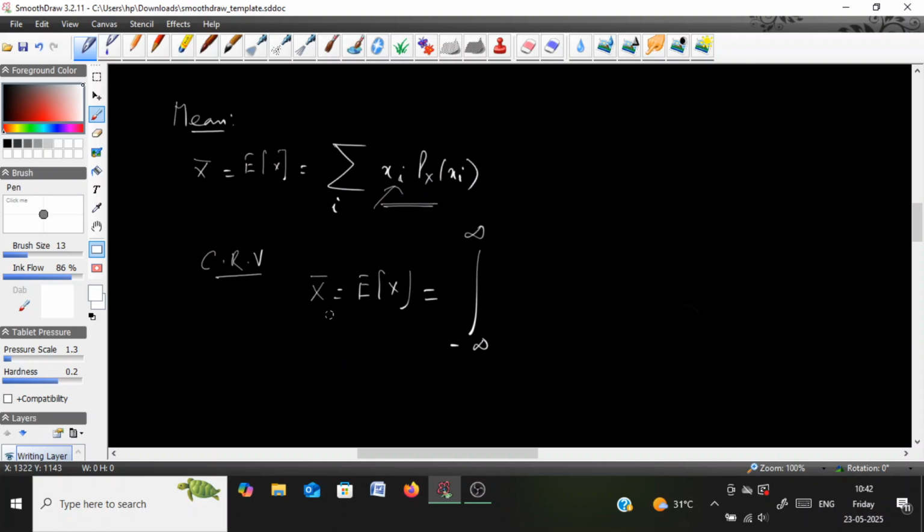You have a continuous range of function of the values. So it becomes x into px of x into dx. So this is the mean value of the continuous random variable.